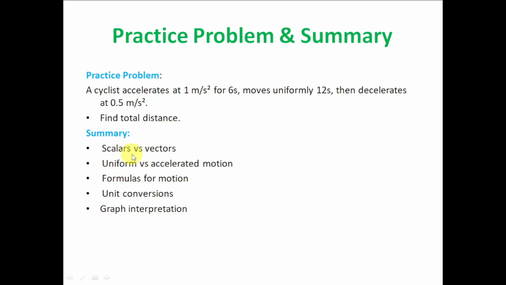I hope you understood everything: what uniform linear motion and uniformly accelerated linear motion are. You have also understood the formulas for motion. The other thing is how to convert units and what derived and fundamental units are. The last one is the graphical interpretation of the velocity-time graph, the calculation of distance from the graph, and what the velocity-time graph means.